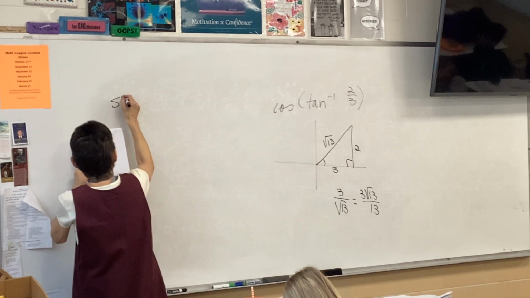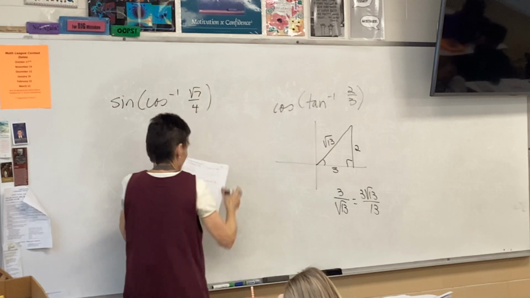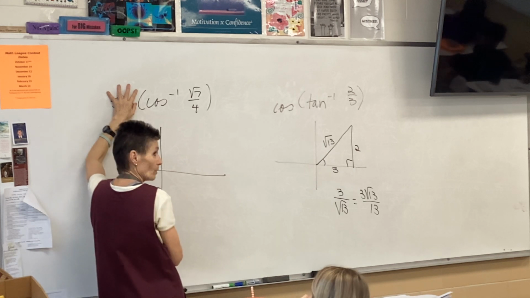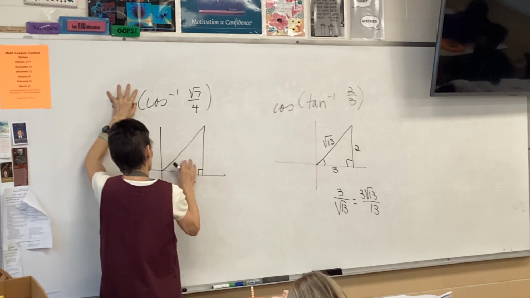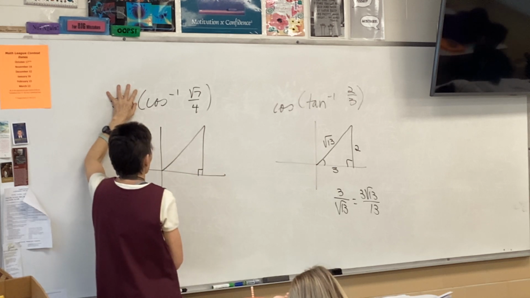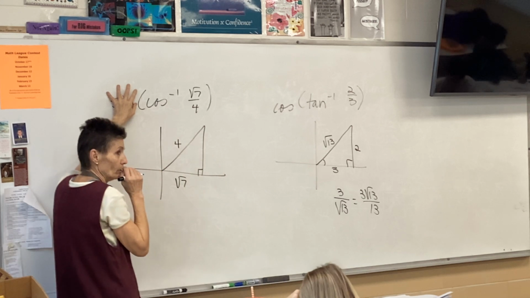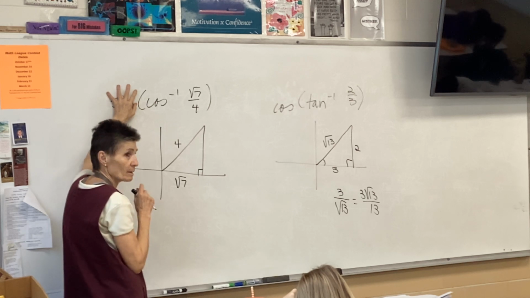So here we go. Shall I draw in quadrant 1 again? Yep. Cosine, root 7 over 4. I'm not gonna panic about the radical.